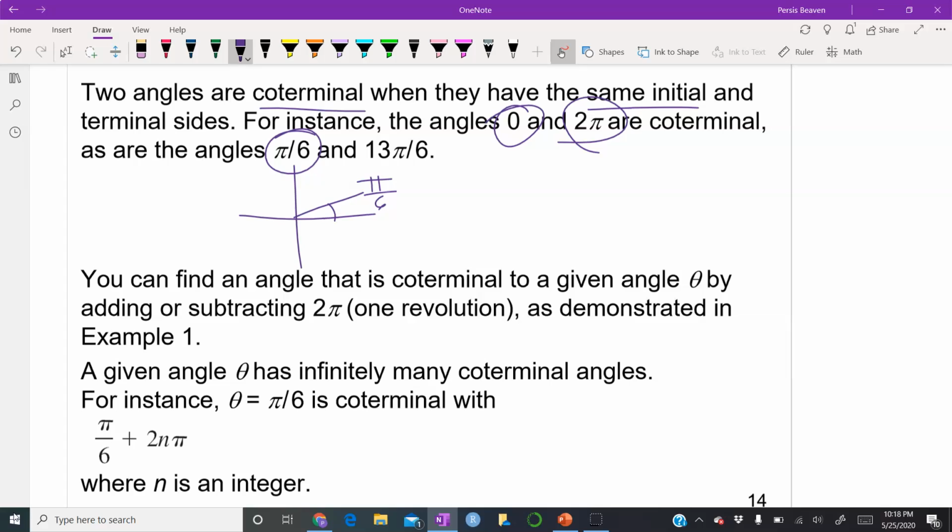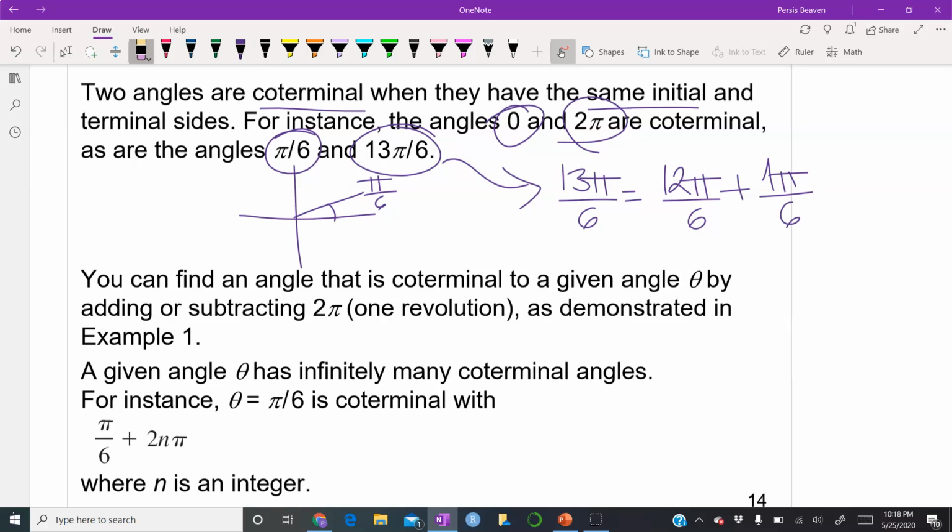And so 13 pi over 6, I could break this down into two fractions where one of them will be 12 pi over 6 and the other one will be 1 pi over 6. Now, instead of writing the 1, I'm just going to write pi over 6. So that is the same thing.